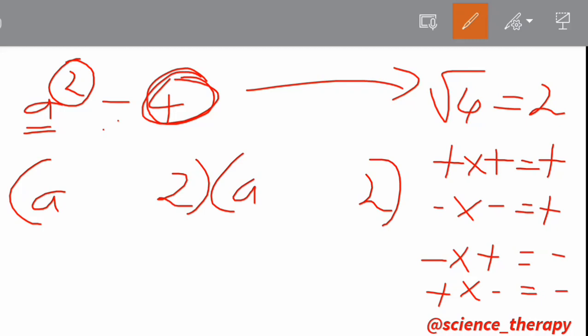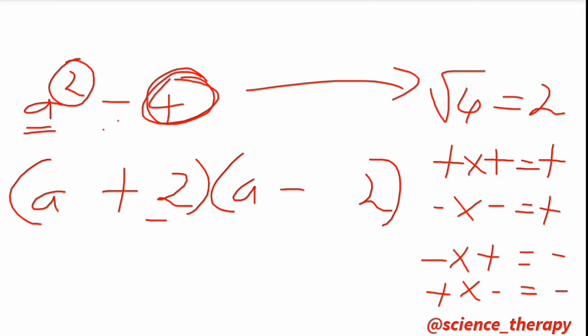We know for that we need signs that are different. So you can have a plus here and a minus there. If you say positive 2 times negative 2, that's negative 4. But if you say plus 2 minus 2, you have 0, hence we don't have a middle term, right? So difference of two squares does not have a middle term.